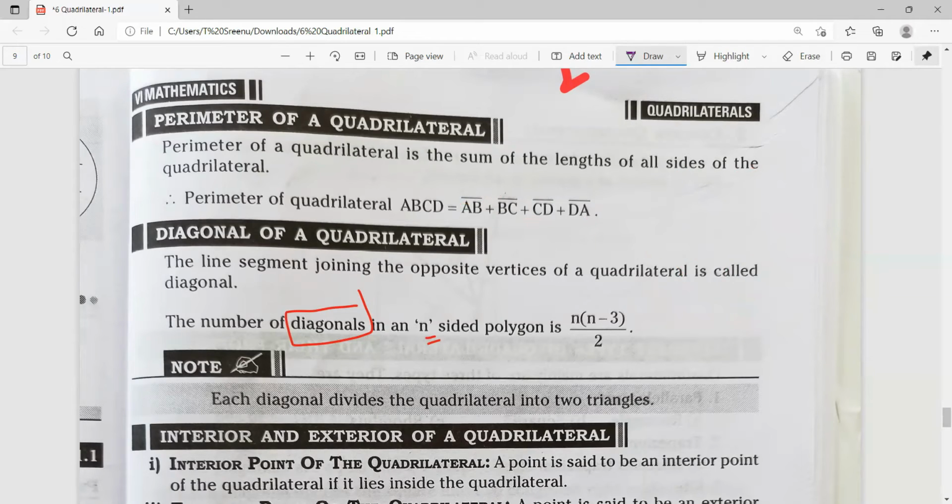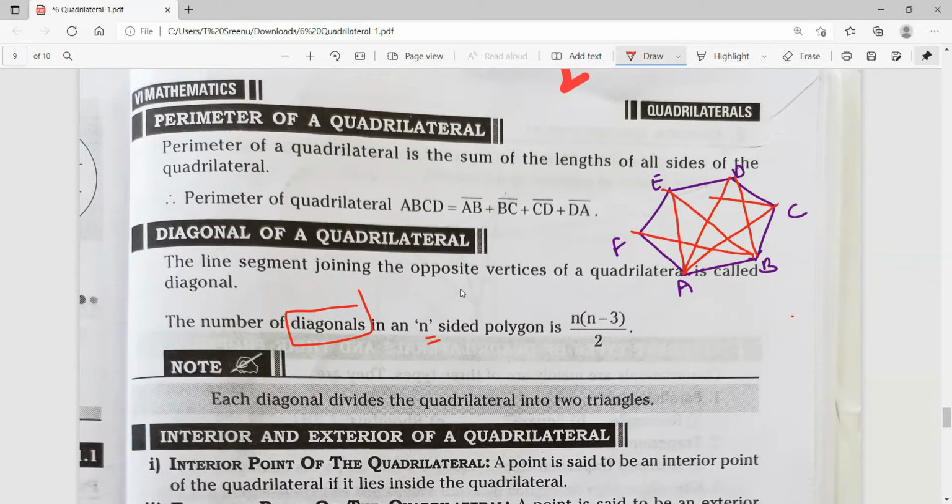Let us check. So 1, 2, 3, 4, 5, and 6. Let me write the names: vertices A, B, C, D, E, F. Here 1, 2, 3. Next 1, 2, 3.